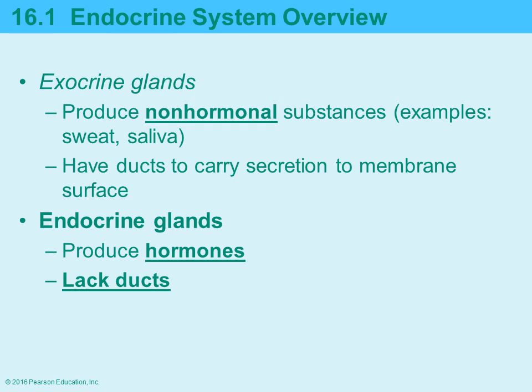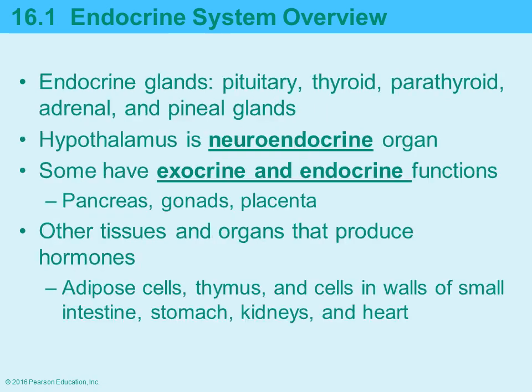So it's made in the gland, and then it's secreted through this ductwork and onto the surface. What is being secreted are non-hormonal substances, like, say, sweat, oil, saliva. Endocrine glands produce hormones, and they are ductless. So they're just being secreted from the gland and usually will be then transported via the blood to the target cells.